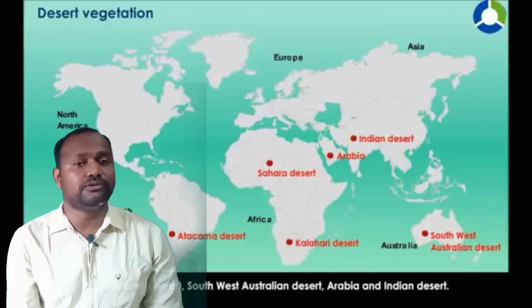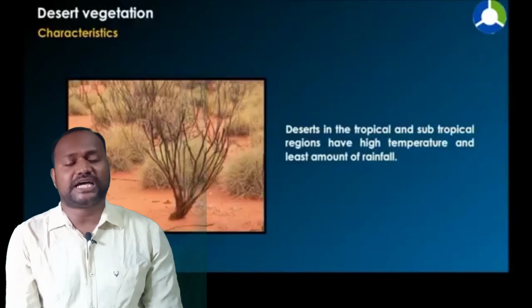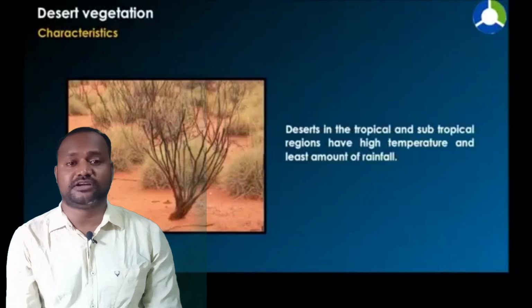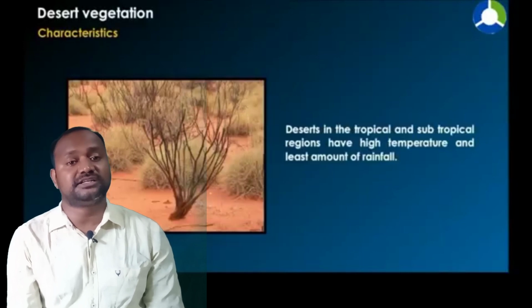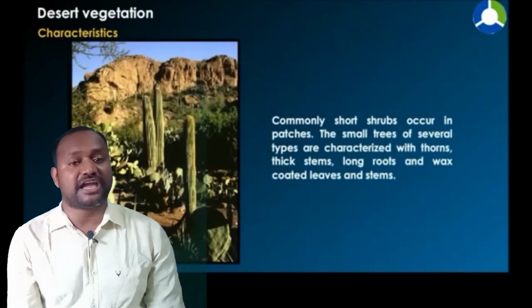The rainfall is very low and occurs for a short period of time. Most of the time rainfall does not occur for a very long period, and that results in drought in these regions.